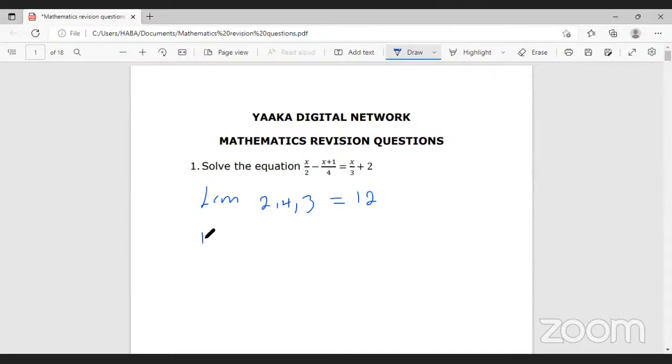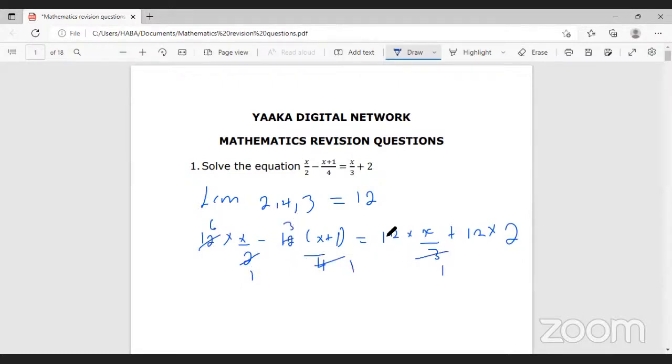So you're going to say 12 times x over 2, minus 12 times (x plus 1) divided by 4. Okay. 12 divided by 2 is 6, and 12 divided by 4 is 3.